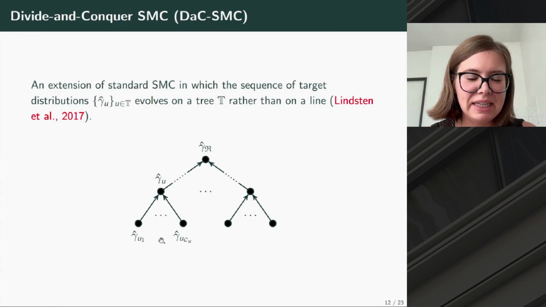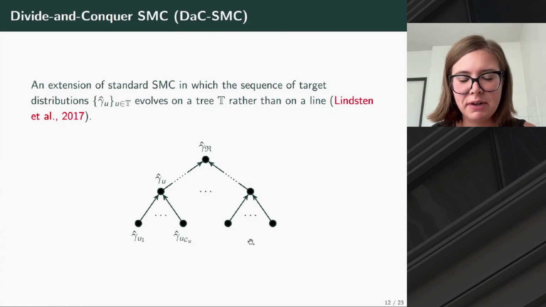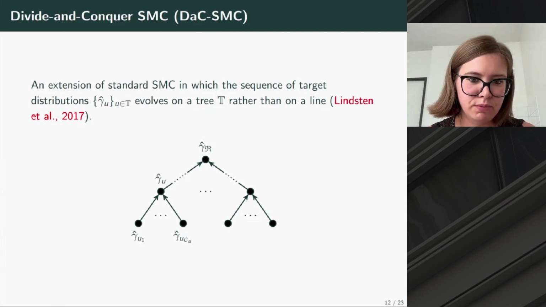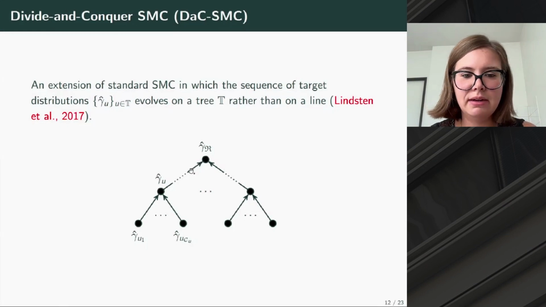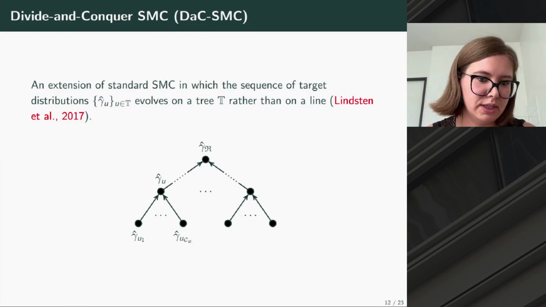So we have several leaves, and we want to move from several leaves to one root node, which is denoted by R. If you forget that this tree has all these nodes on the right side, and you only look at the line that moves from gamma u1, gamma u, and so on, then my tree is really just a line, and so I would fall back on standard SMC.